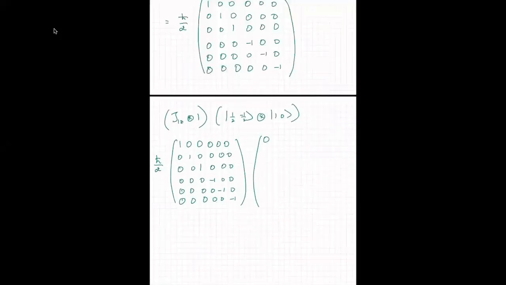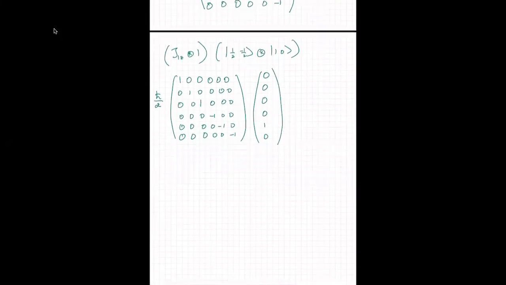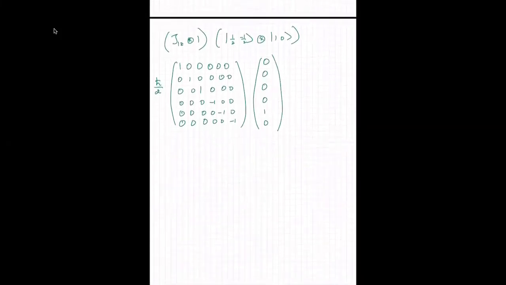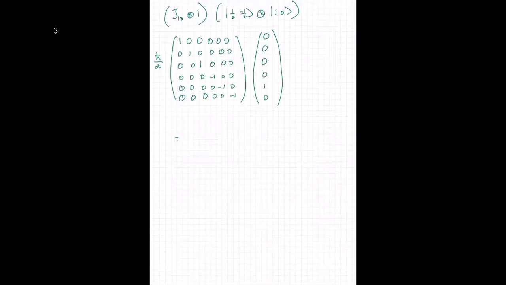So I'll get 0, 0, 0, 0, 1, 0. What is this equal to? Everything is 0, but the fifth row will have minus 1. So I can write this as minus h bar over 2, 0, 0, 0, 0, 1, 0.